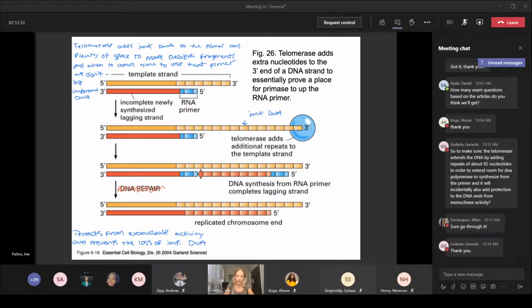So telomerase adds that junk DNA to the template strand so that there's more template for the primer to come in, for primase to come in and lay down its primer, and then DNA polymerase can build off of that, which is what we're seeing down here. We have our primer, and then DNA polymerase is synthesizing there, and now this last primer that was laid down can get replaced with DNA.